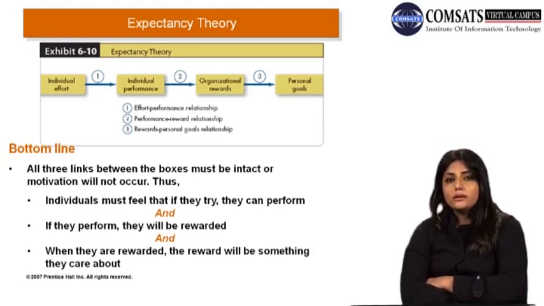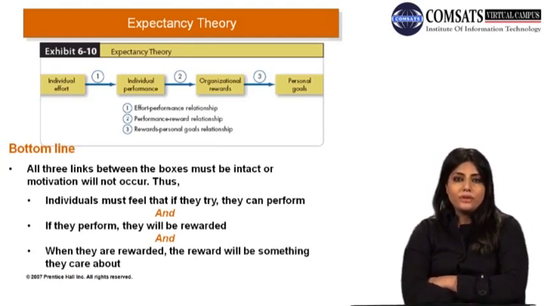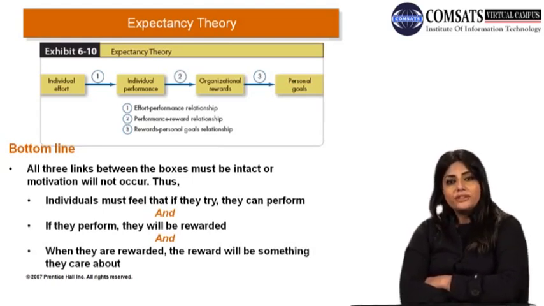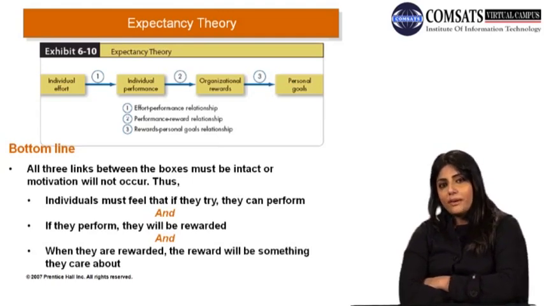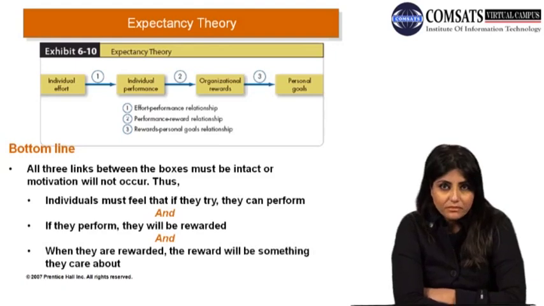So your personal needs should be aligned with the incentive that you are getting. Only then will you be motivated to put in effort and to achieve the goals that are being set.